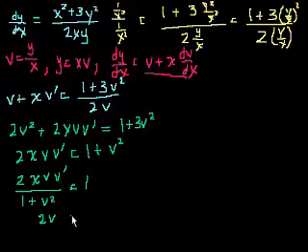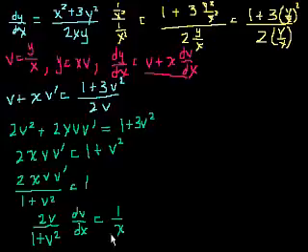Instead of v prime, I'll write dv dx. 2v times the derivative of v with respect to x, divided by 1 plus v squared, is equal to, dividing both sides by x, 1 over x. And then if we just multiply both sides of this by dx, we've separated the two variables and we can integrate both sides.